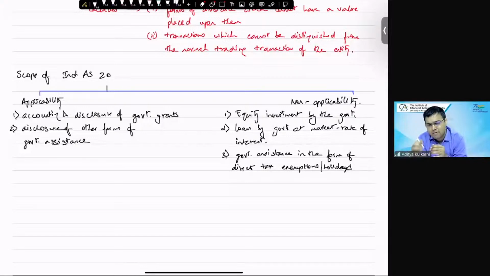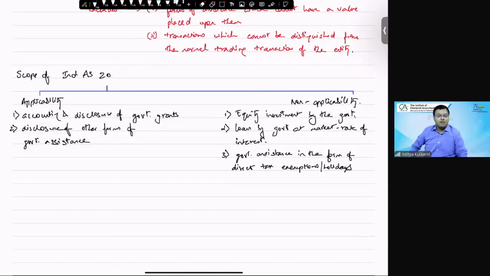What happens is, in these places, in the northeastern places for example, any amount of GST that is paid in cash after setting off of the input is given back by the government. So the CGST is given by the central government. The SGST that you pay is given by the state government.